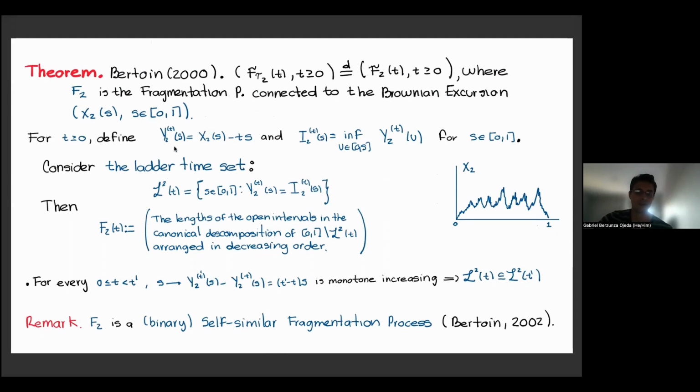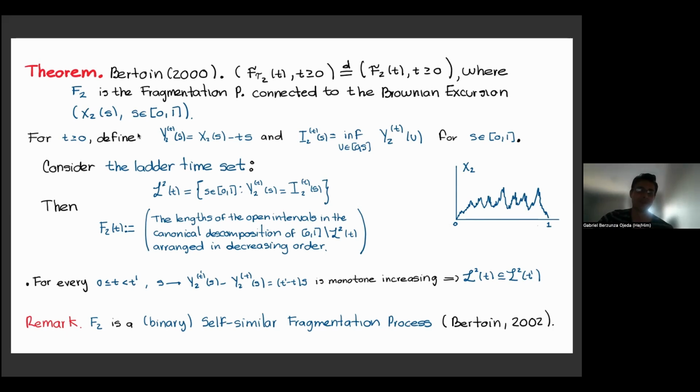Using the Brownian excursion. Essentially, you consider your Brownian excursion. What is the Brownian excursion? You take essentially Brownian motion on the interval [0,1], and you condition the Brownian motion to be positive, to start at 0 at time 0 and to finish at 0 at time 1. This is a silly simulation done by me of the Brownian excursion.